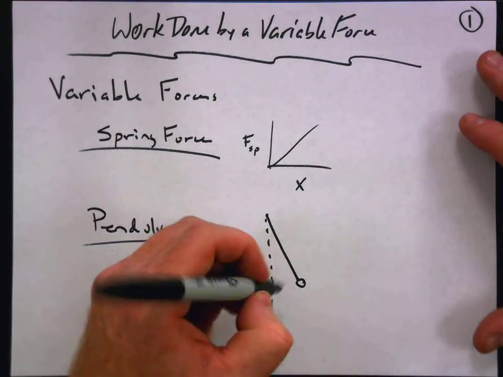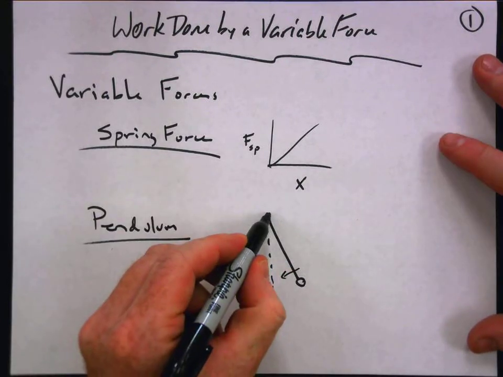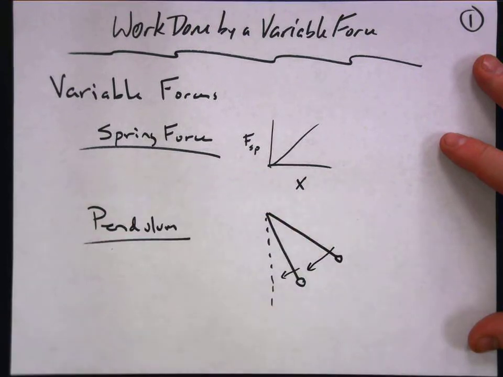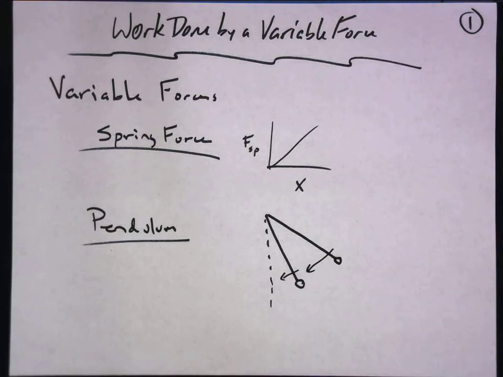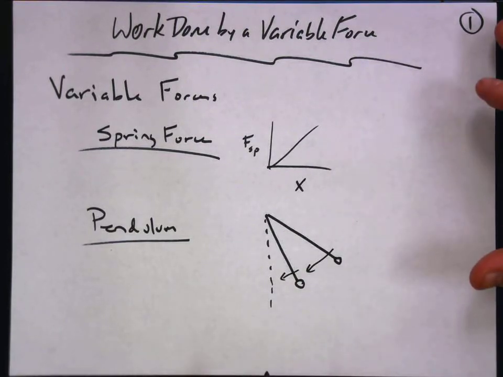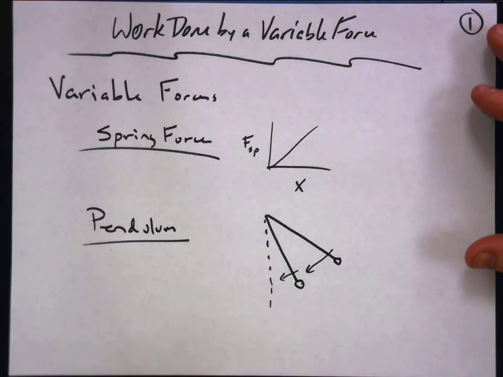So there is a restoring force somehow trying to bring it back. If we displace it further, then that restoring force is larger. And so, it is a little bit of a variable force. Displace further, it wants to come back more. That's kind of a non-physics way of describing it.